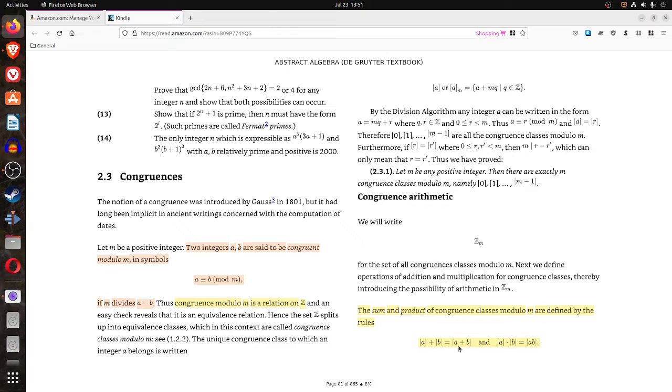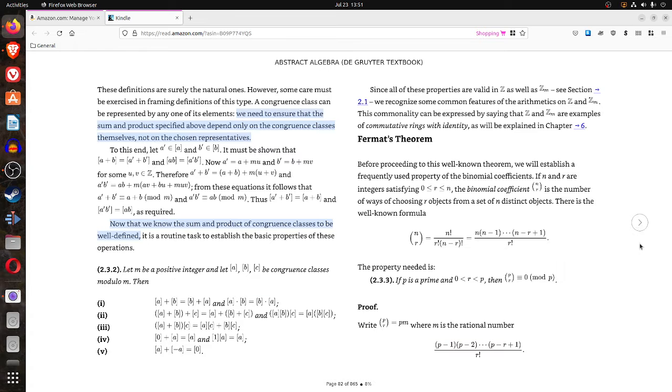The addition and multiplication of those classes are defined by adding the numbers in them and taking the equivalence class. So a mod m plus b mod m is a plus b reduced mod m. Same thing for multiplication.